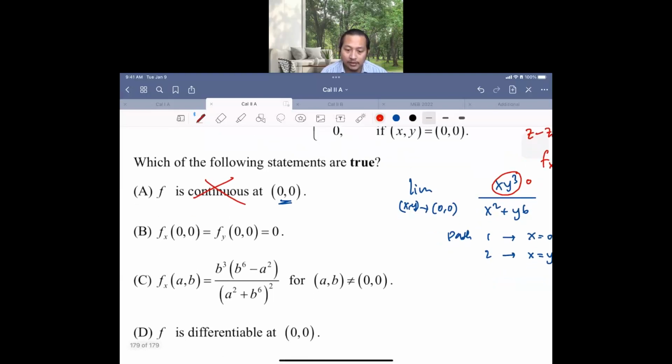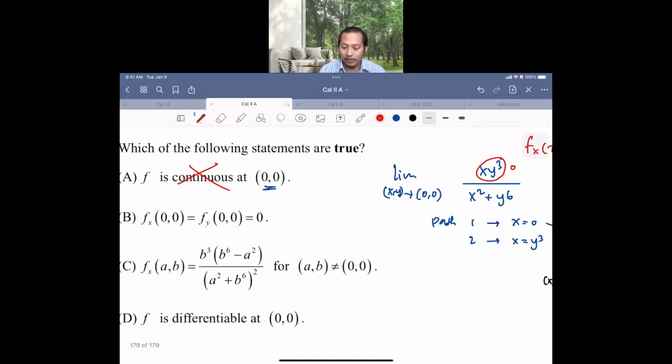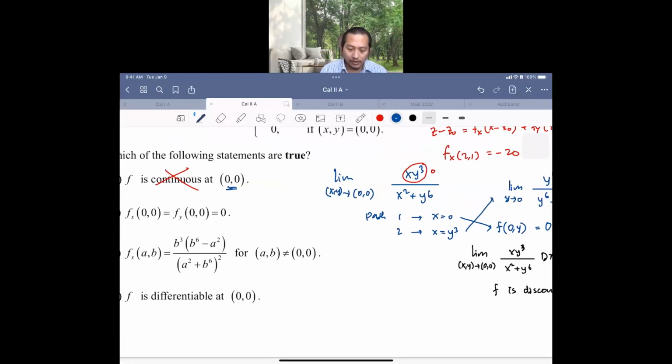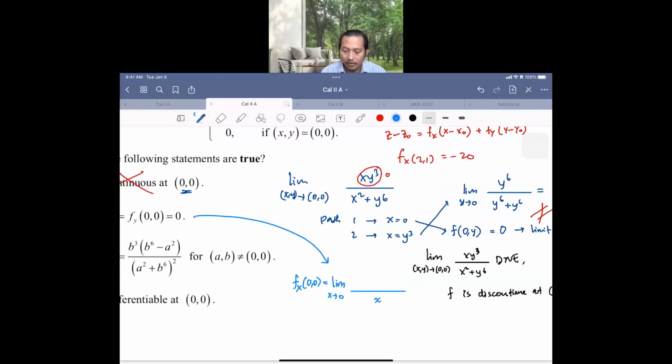Option A is false. But we have option B, whether the partial x at 0, 0 is equal to the partial y at 0, 0, and it's equal to 0, whether it's true or not. Again, we are going to take the definitions. So take the definitions, and we will write in light blue. If we have the partial x at 0, 0, this is the limit as x approaches 0.